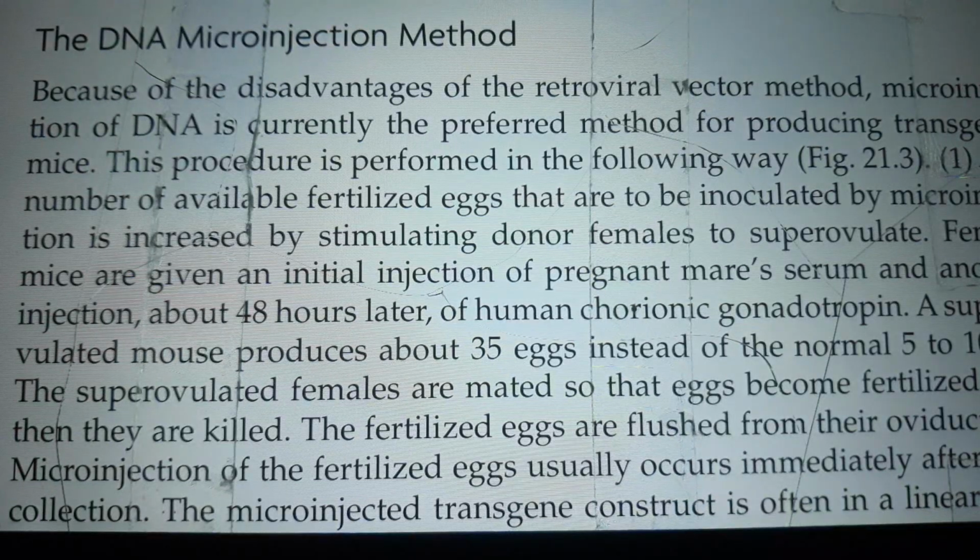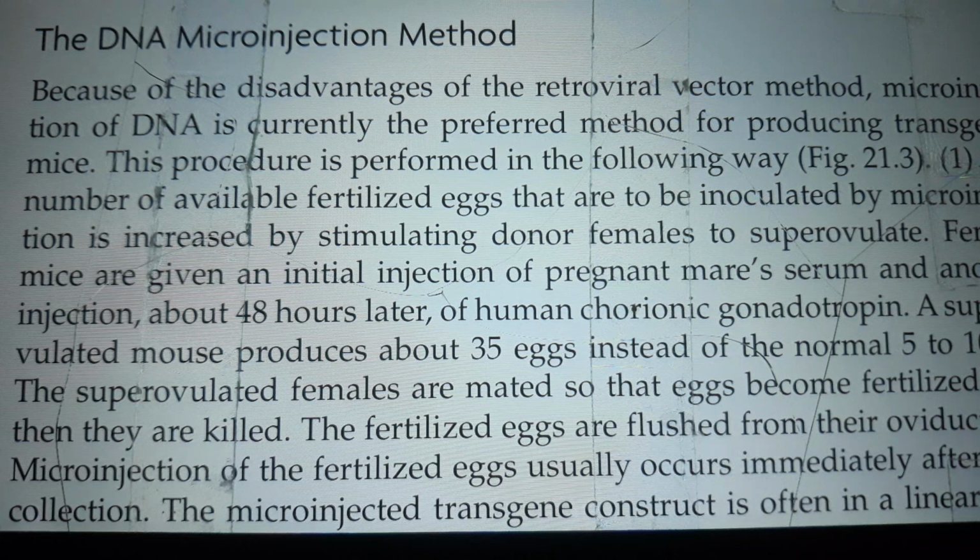Now, the DNA microinjection method. Because of the disadvantages of the retroviral vector method, microinjection of DNA is currently the preferred method for producing transgenic mice. This procedure is performed in the following way. The number of available fertilized eggs that is to be inoculated by microinjection is increased by stimulating donor females to superovulate.